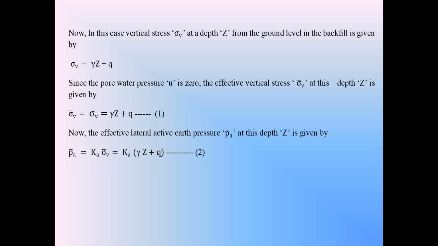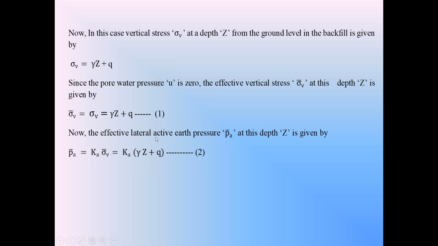Once that pore water pressure is 0, in this condition, the effective vertical stress sigma V dash is equal to the total vertical stress sigma V, that is equal to gamma Z plus Q.